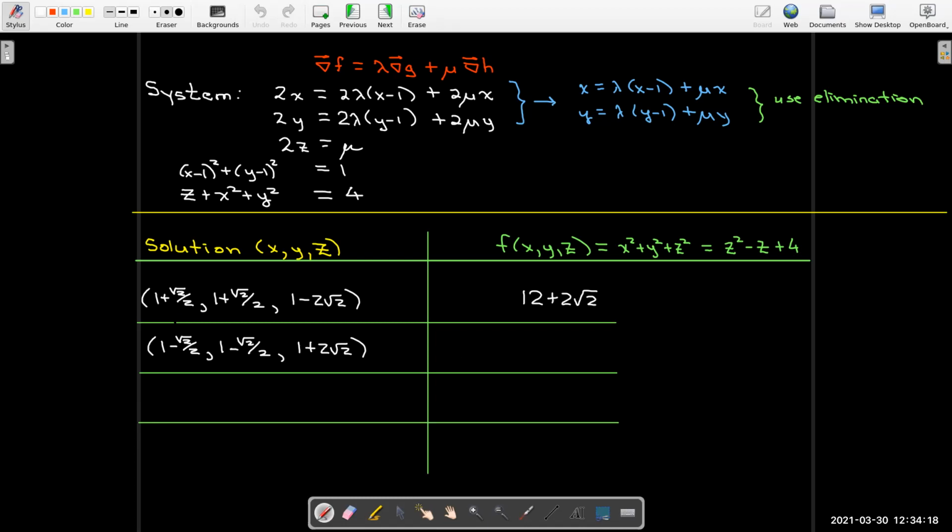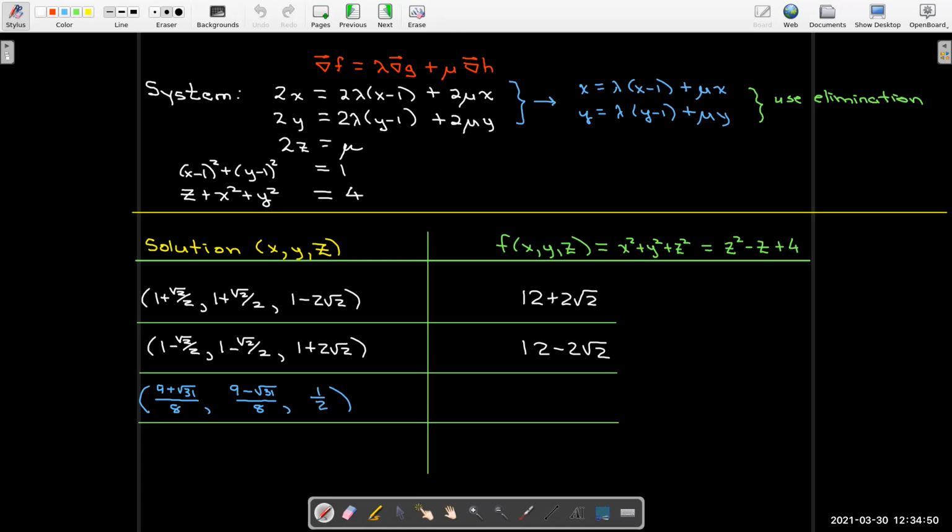Our second solution, and this occurred from when x equals y, right? We got 2 solutions. And so now I have the conjugates for both x, y, for all 3 x, y, and z. And I'll get 12 minus 2 radical 2 for my objective function. So from when mu equals 1, remember I got z equals a half.